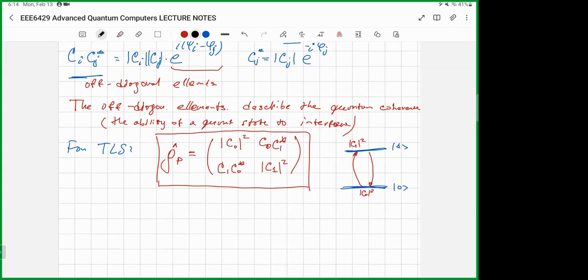The diagonal elements describe the probability of finding the system in a particular state. We call this the population of each state. And the off-diagonal elements describe the quantum coherence.